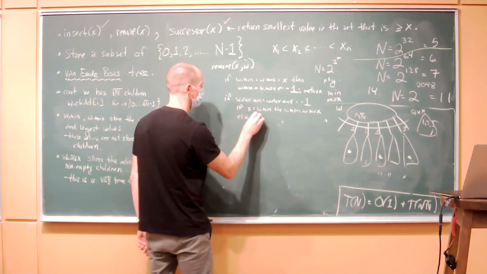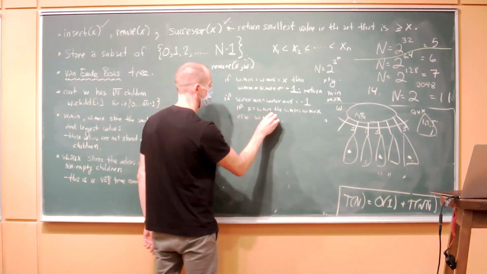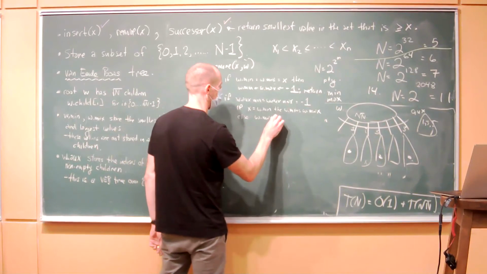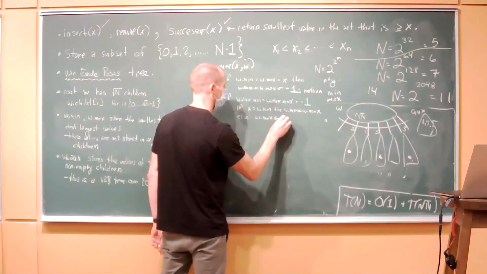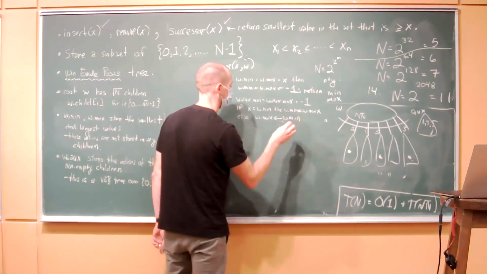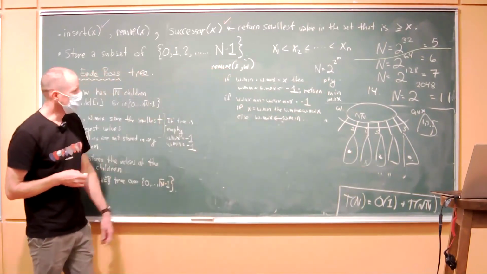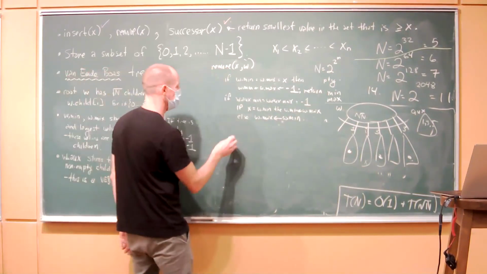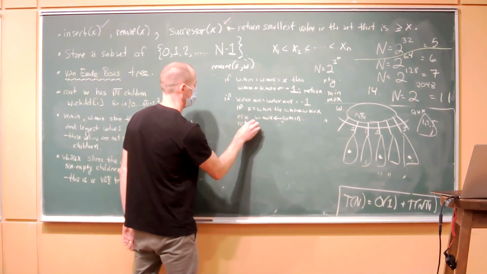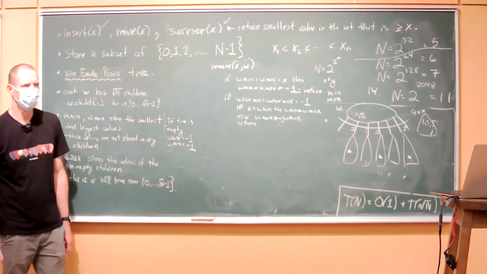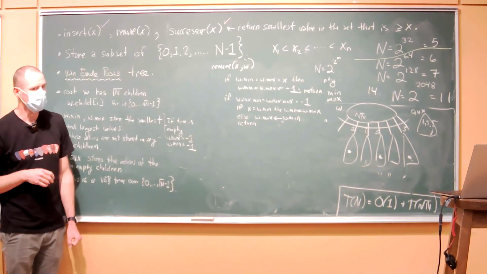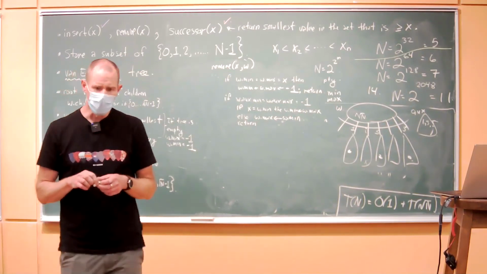Otherwise, x is equal to w.max, then w.max gets w.min. Okay. And we don't have to touch the auxiliary tree because nothing was removed from it. All right. So that's the easy stuff.